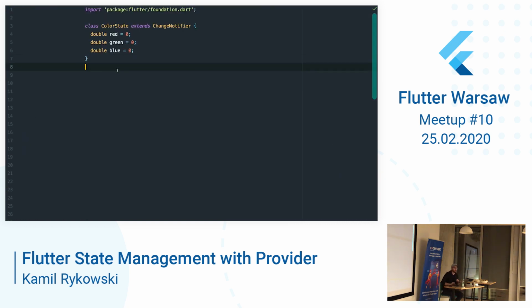Okay, I've already written this down. So the first thing is that we are declaring our class, which will store our state. It extends the ChangeNotifier. The ChangeNotifier is not a part of the provider package. That's built-in functionality in Flutter, which provides you an API for notifying about changes, basically.